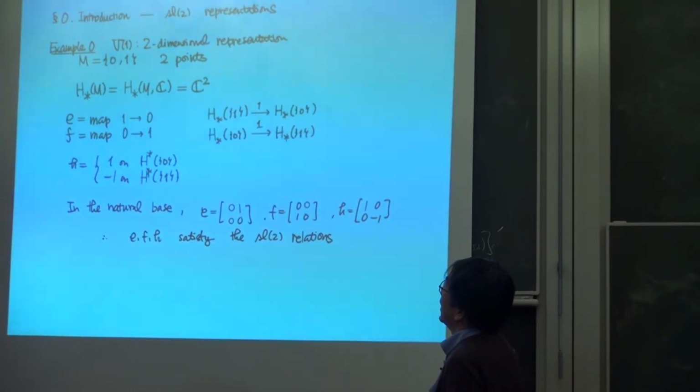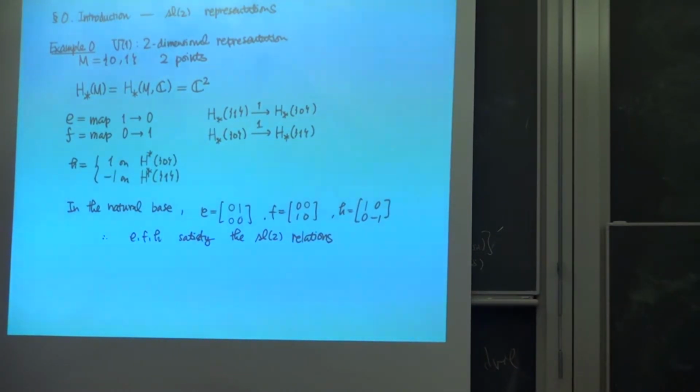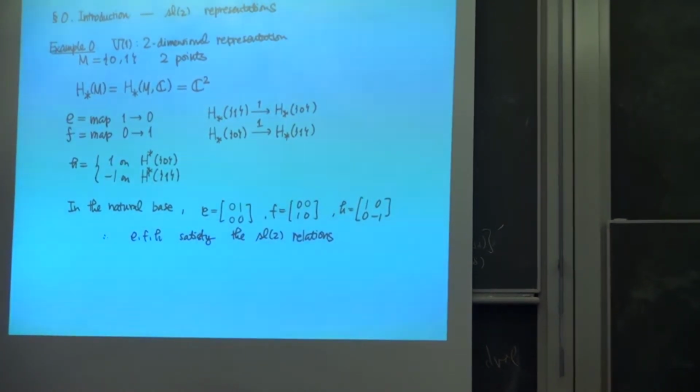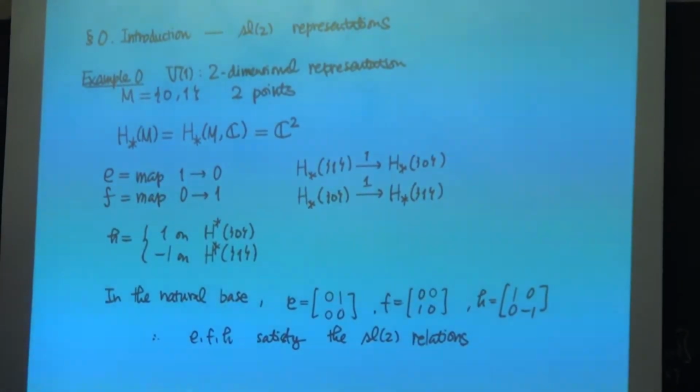I only consider the cohomology group with complex coefficients. You can, of course, consider cohomology groups with, for example, cyclic group coefficients, but that goes to representations on other spaces. I want to consider representations on complex numbers.